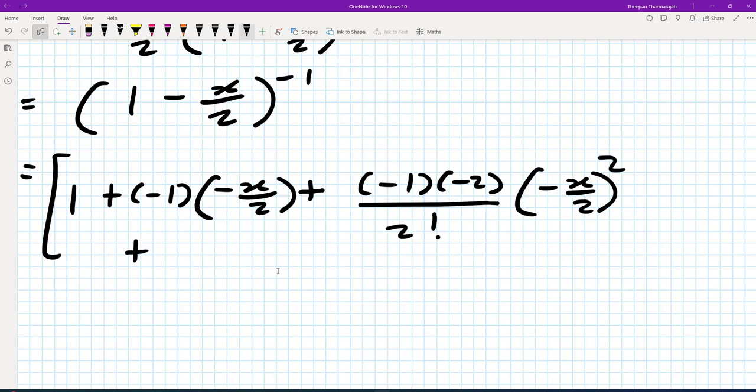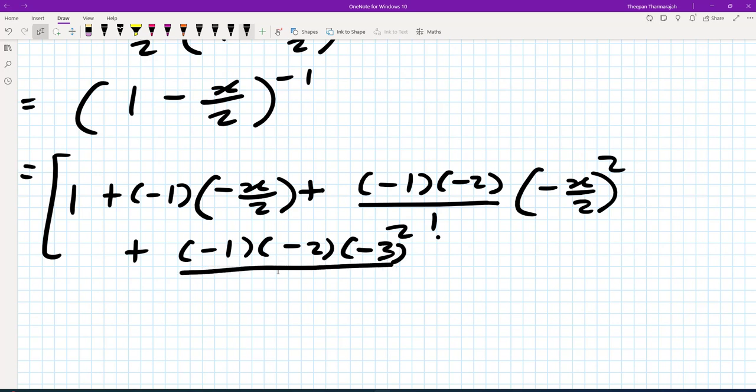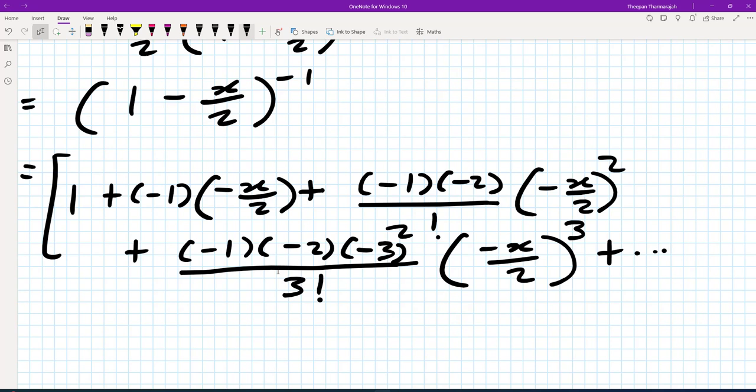Let's do another term, plus minus 1 times minus 2 times minus 3 over 3 factorial times minus x over 2 all cubed, plus the terms here.